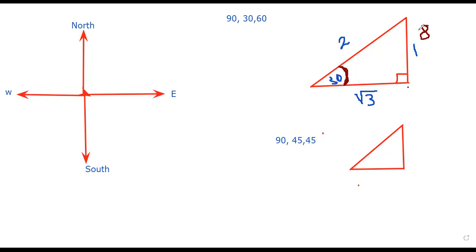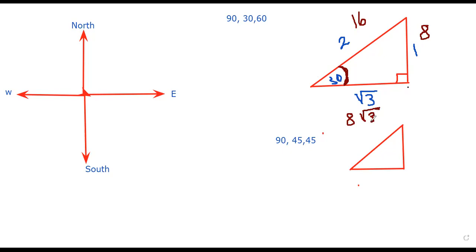If the first one is 8, the hypotenuse will be how many? It will be 16. Yes. And what about the third side? It will be 8 square root 3.